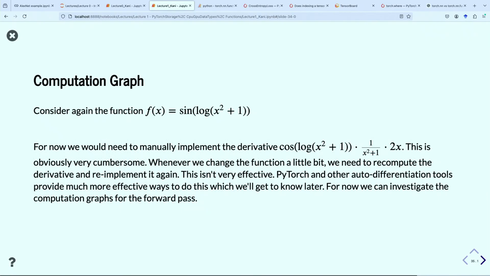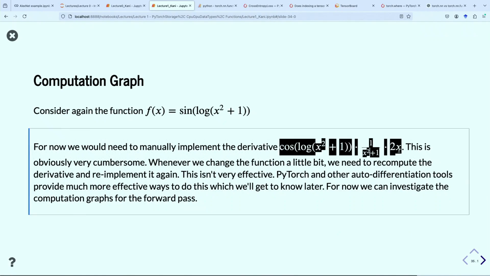So usually, when you want the derivative of this, you would have to calculate out the derivative and implement it like so, right? Now, that's not a fun thing to do, both for the user and for the computer. It's especially not fun because if the function changes a little bit, we would have to recompute and re-implement everything again.